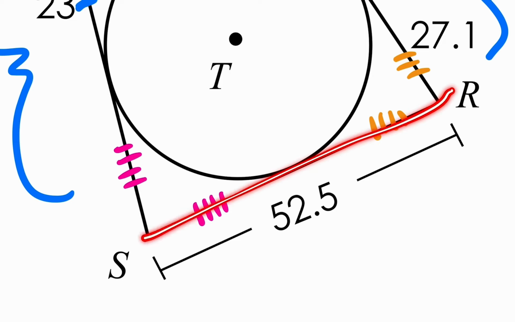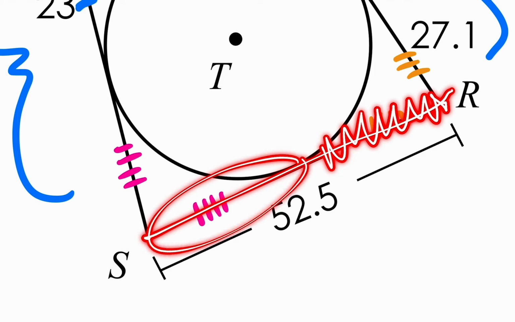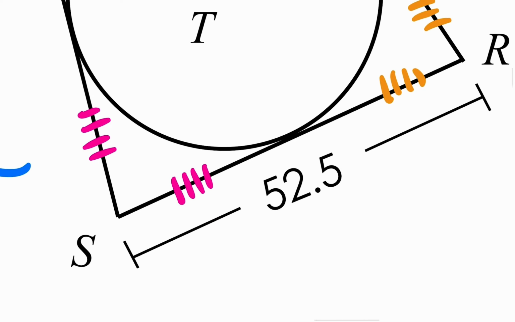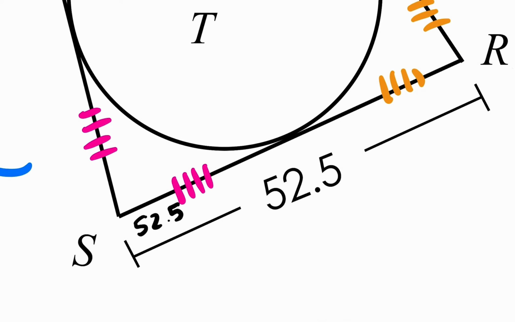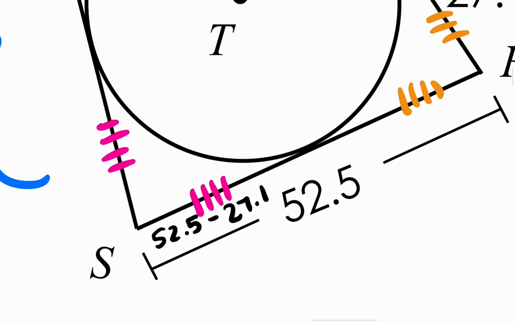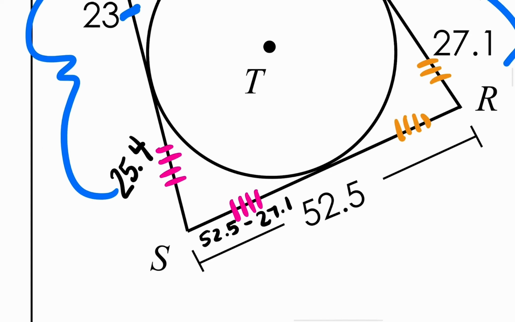If I take the whole line and I just subtract this part of it, then I'm left with that. So this here is going to be 52.5 minus that piece over there, which was 27.1. And that tells me that this is 25.4.